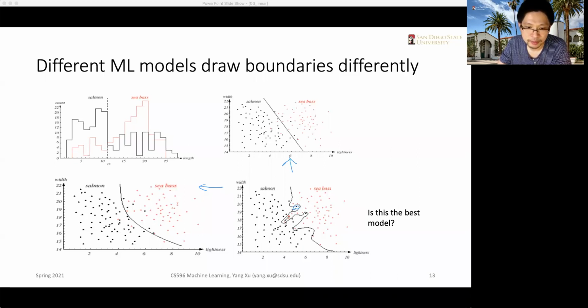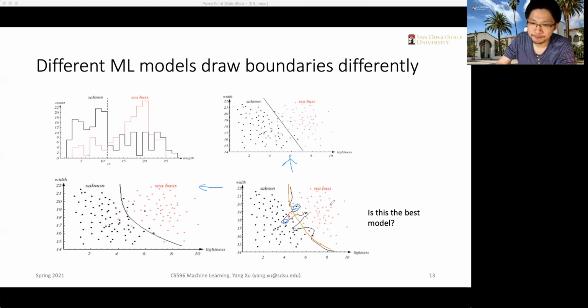And the red ones here are also classified as sea bass because according to this boundary, it's making predictions. So compared to something that directly splits these two areas, it can have better performance in terms of how many correct examples it is predicting.